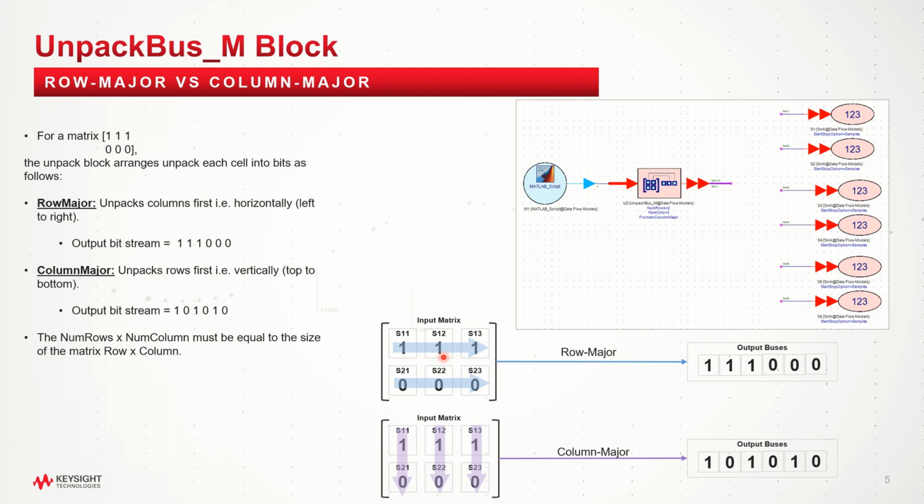So you see 1 1 1, which is this, all the blocks outputs here, and 0 0 0, and the other one. On the other side, when we choose the column major format, of course it will unpack the rows first, and that's why we have all the individual sinks have 1 0 1 0 1 0 accordingly, as shown in this output bus right here.